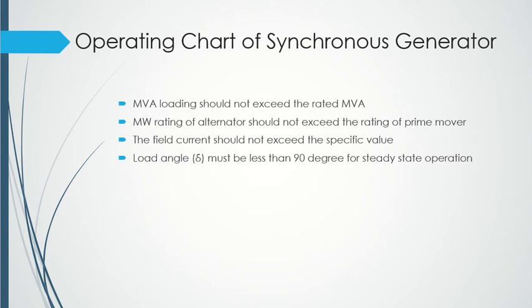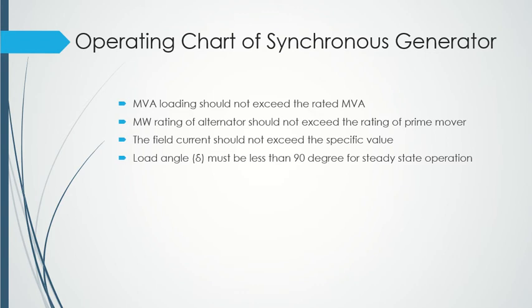Let's say I'm having a load R. So I will be having some copper losses, some I square R losses, and because of that the armature will heat up, and this governs the maximum MVA rating of my alternator, right?